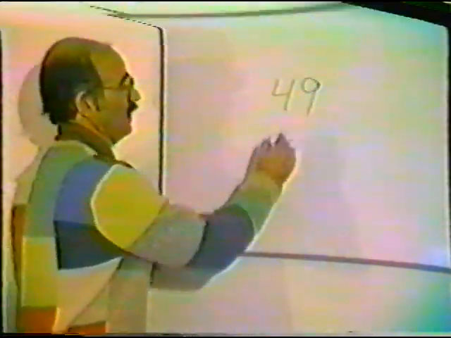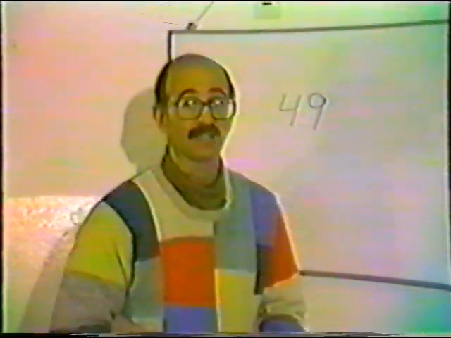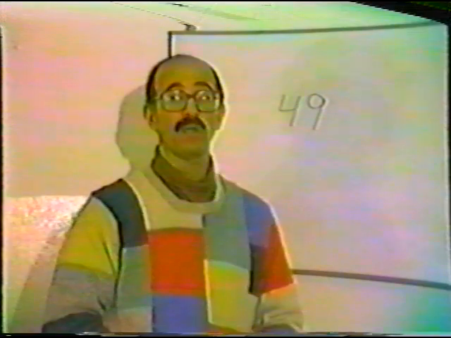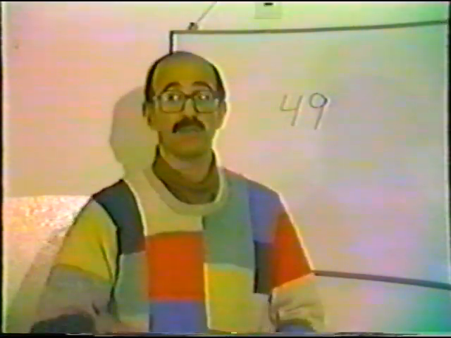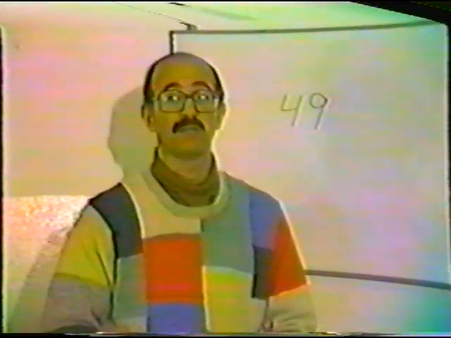Now we're going to learn about rounding off. Suppose we have a number like 49, but we don't want to be that exact. We can say 49 is about the same thing as what? 50.